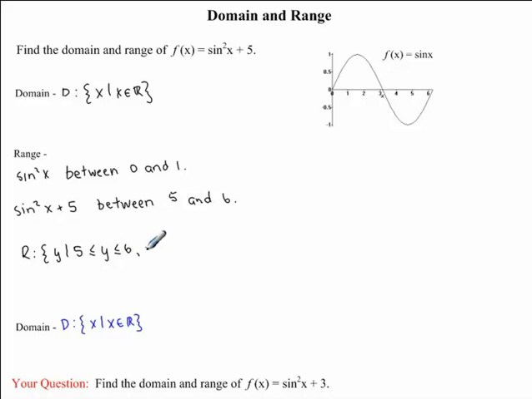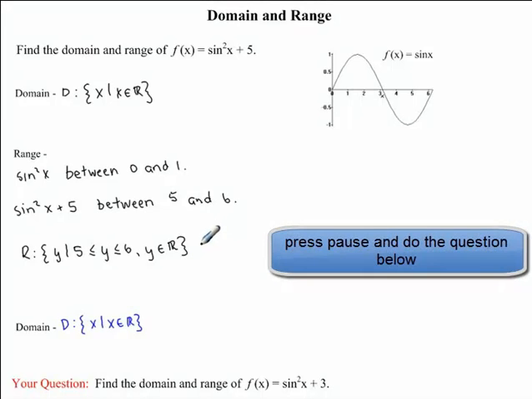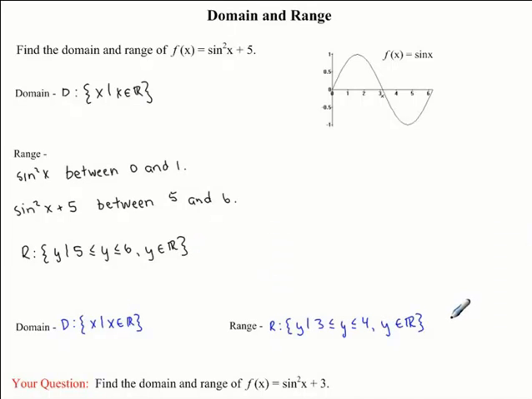Then a comma, we need to show that y belongs to all reals. And we're going to close the bracket. I would now like you to find the range for the question you were given. Here's the answer you should have got.